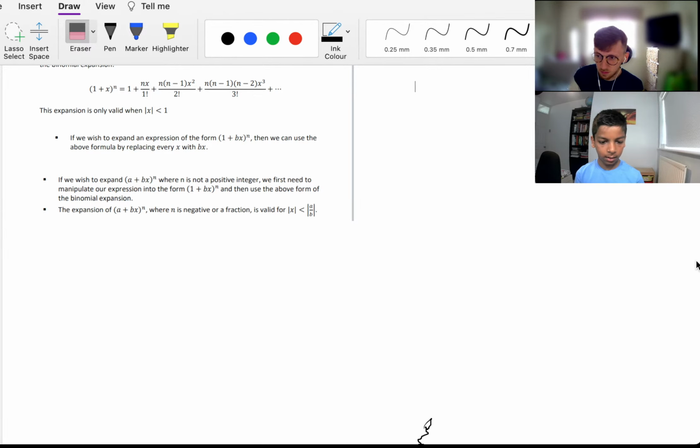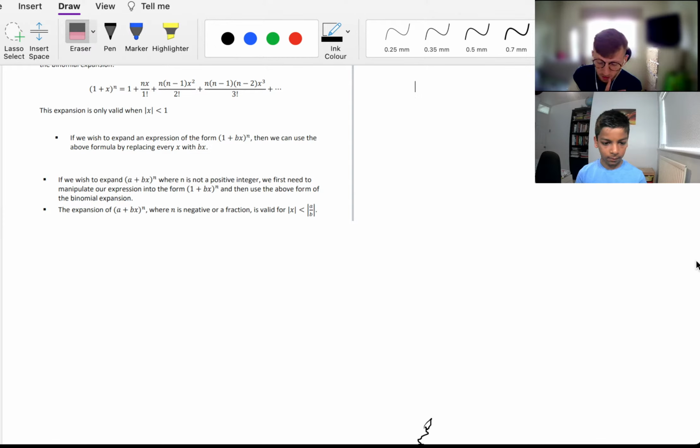The difference is that the constant before the bx is 1 in (1 + bx)^n, but the constant is a in the second, so basically what you need to do is factor out a to the power of n before we do the expansion.